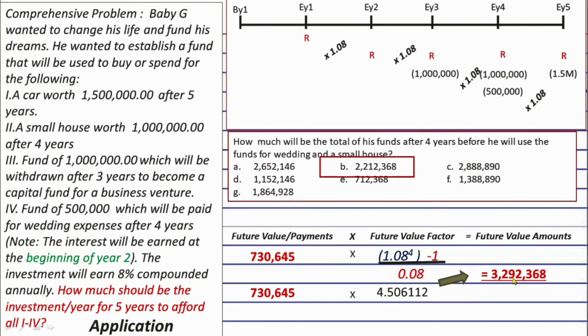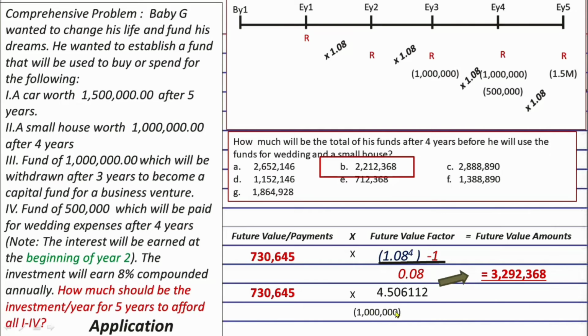Now, it's not the same with this one, right? So the reason it's because what we got here is the investment balance at the end of year 4 without considering any deductions. Meaning, it did not consider the 1 million which was withdrawn at the end of year 3. Okay? So, we need to consider that.